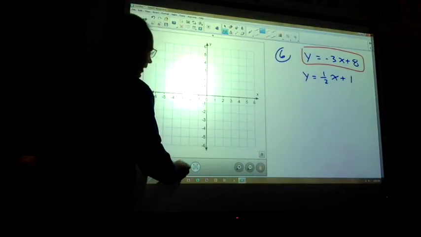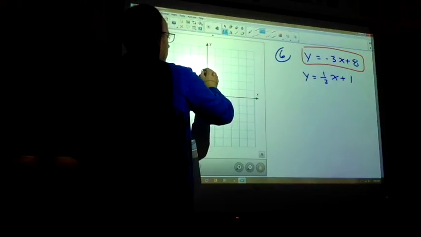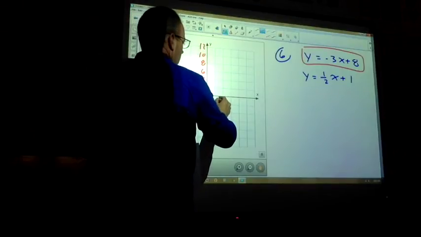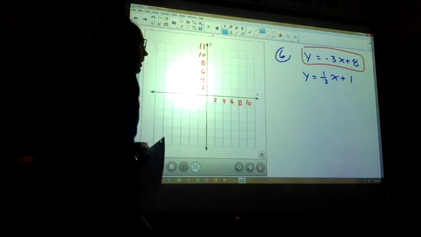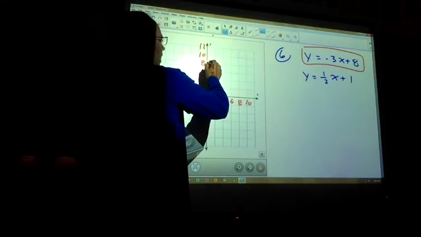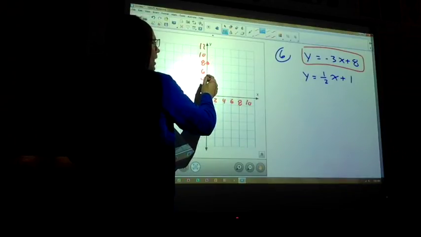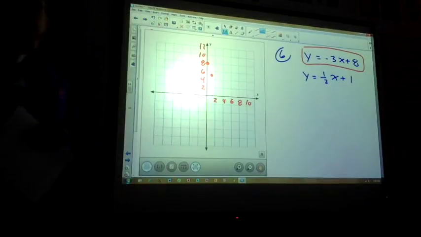I'm going to get rid of my numbers and say that we're counting by 2s now. 2, 4, 6, 8. We'll just count by 2s so it'll work out. So this has a y-intercept of 8 as my first point. Then I'm going to go down 3, and right 1. So about there. Does everyone feel comfortable with how I plotted that?